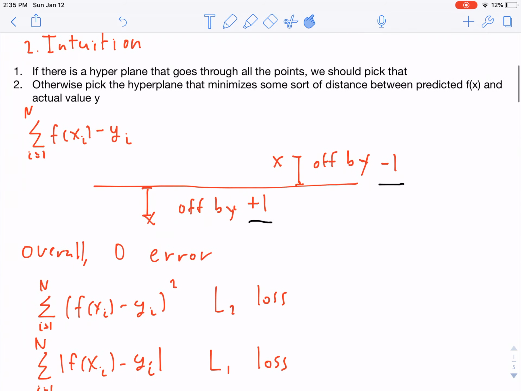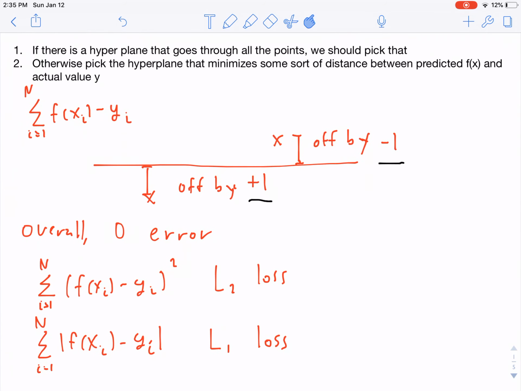A natural question to ask is, why don't we just use the absolute value? So the absolute value also has a name, and that's called the L1 loss. And actually, in many applications, you can use L1 or L2 loss, and they'll just sort of give you different results, which we'll see later throughout the course. But one advantage of the L2 loss is that it's sometimes a little bit more mathematically tractable, which is nice.